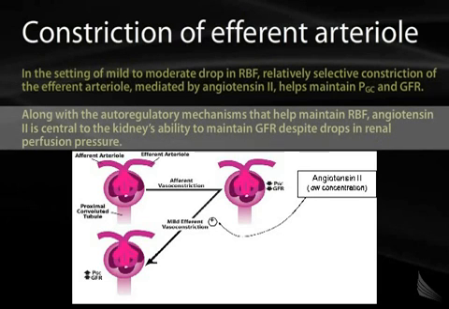Along with the autoregulatory mechanisms that help maintain renal blood flow, angiotensin II and the renin-angiotensin-aldosterone system is central to the kidney's ability to maintain GFR despite drops in renal perfusion pressure. This becomes extremely clinically important in the setting of medications that may prevent the conversion of angiotensin I to angiotensin II, which are ACE inhibitors, or prevent the activity of angiotensin II directly, which are angiotensin receptor blockers.